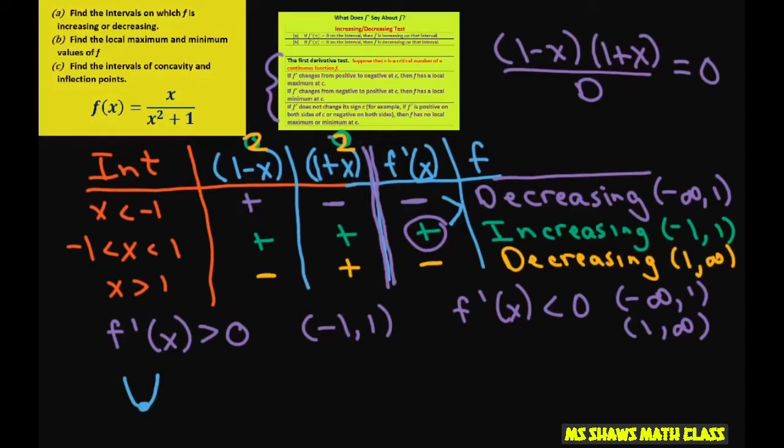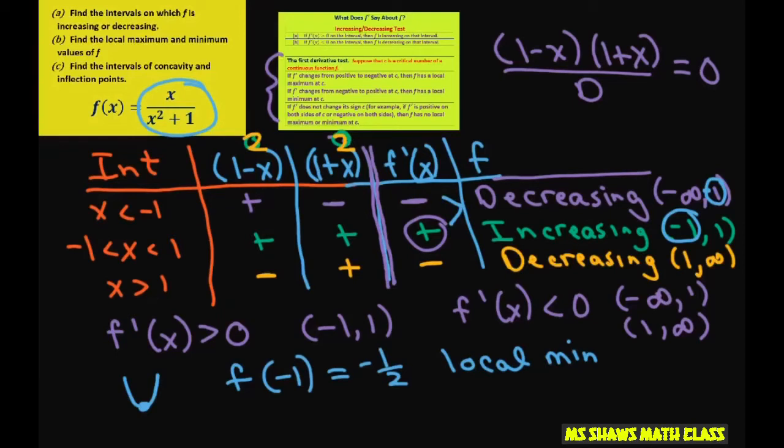That means at negative 1, it's going to be a minimum. So f of negative 1, you plug the negative 1 back into the original function, and you're going to get negative 1/2. So that's going to be a local minimum.